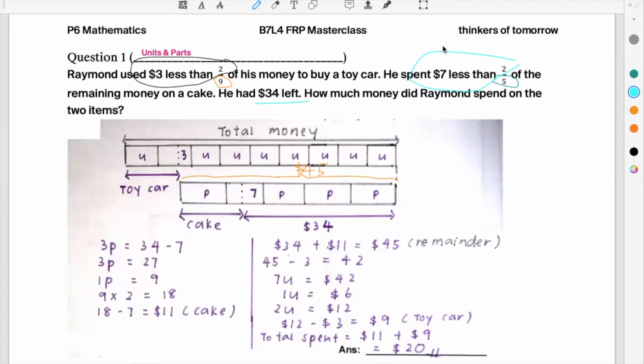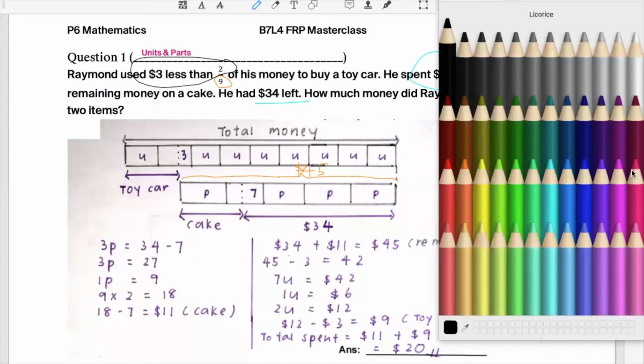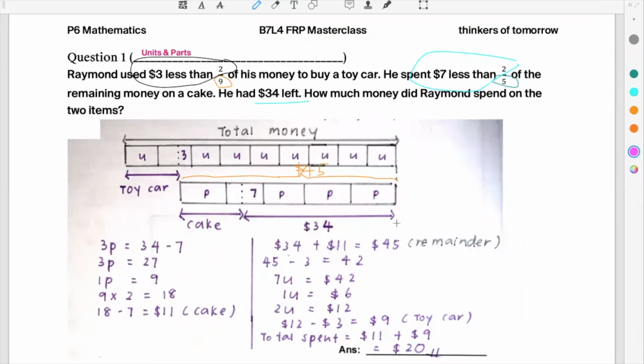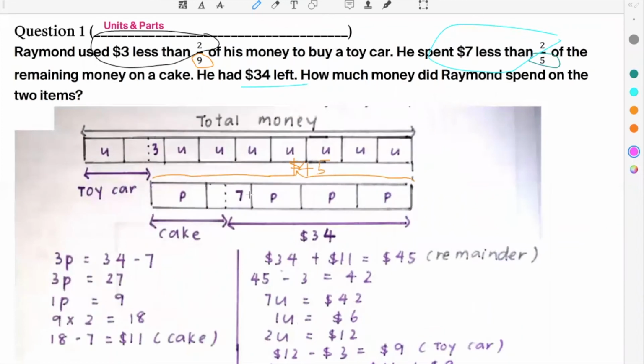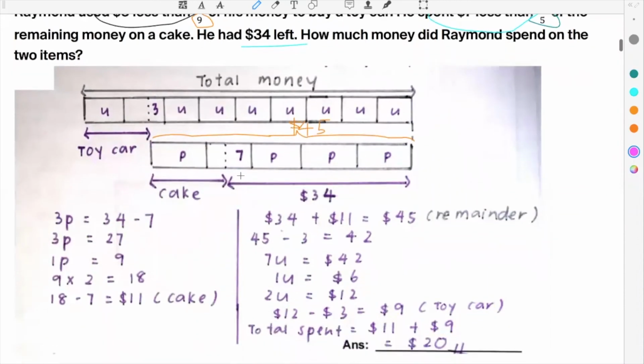Is this all right so far? Do you understand what I'm doing with the model? I have not explained any of the workings down there, I will explain in a bit. But you need to follow me and understand the model first. This is $34 left. This $34 includes the $7 here.